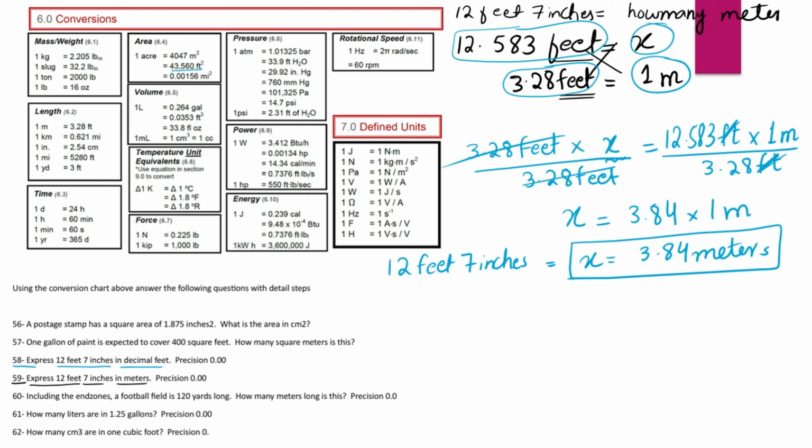In question number 60, you can read: including the end zones, a football field is 120 yards long. How many meters long is this? A value is given in yards, we need to find that in meters. First of all let me remove all of the writings.